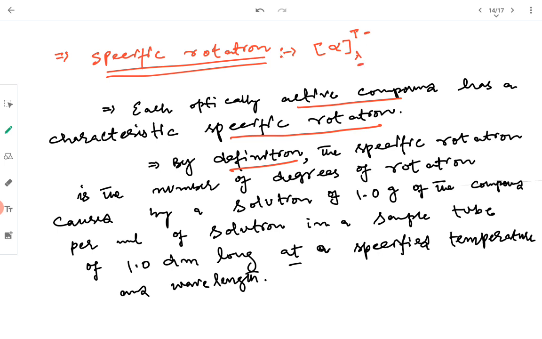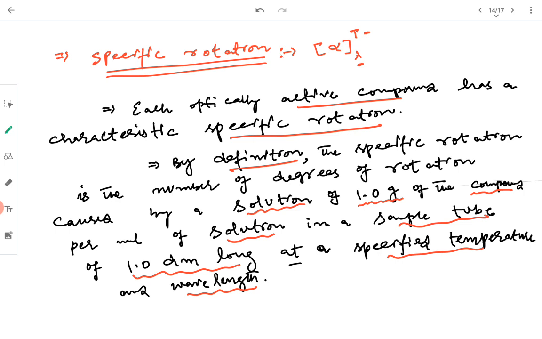The specific rotation is the number of degrees of rotation caused by a solution of 1 gram of the compound per ml of the solution in a sample tube of 1 decimeter long at a specified temperature and wavelength. This is known as specific rotation.